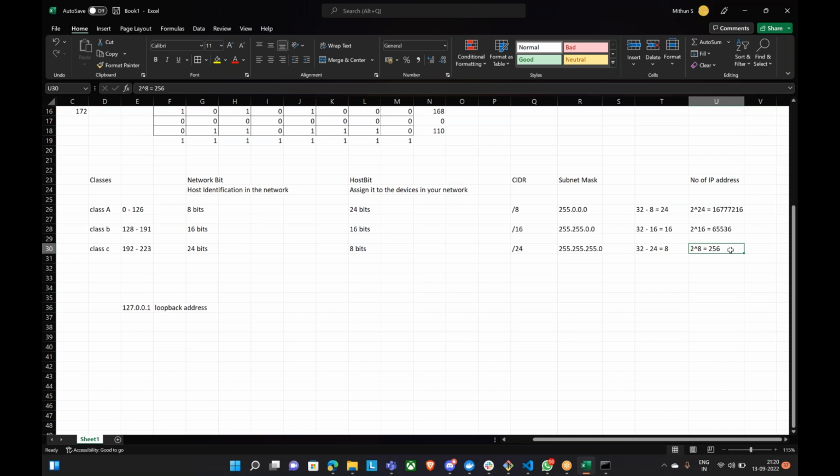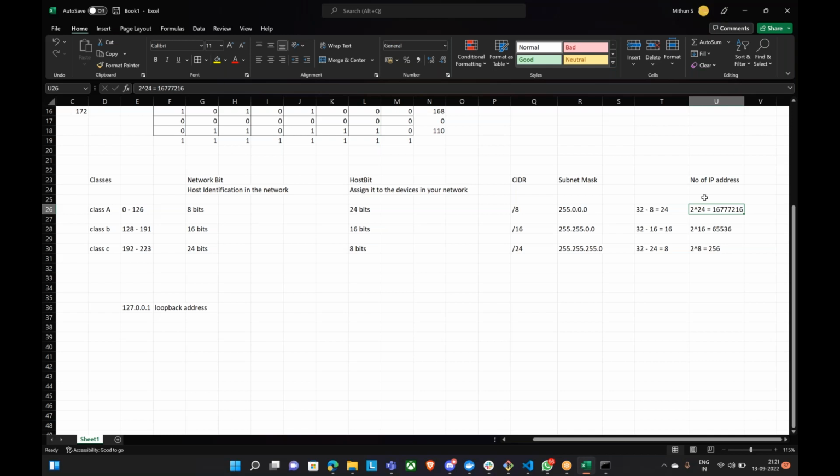So they felt restrictions, because if you use class A, you will have a lot of IP addresses that you are not going to use anyway. And there was also a necessity to divide the bigger network into small networks.